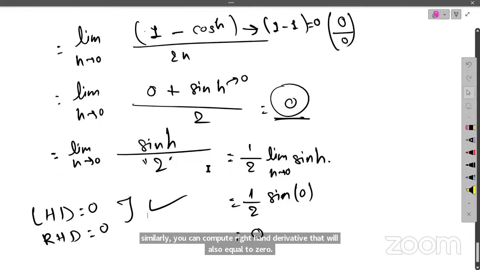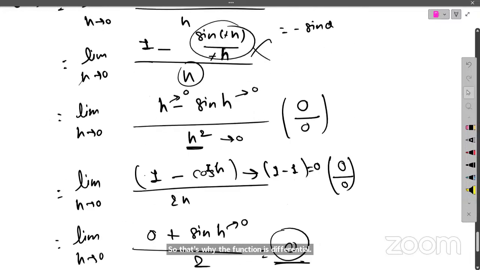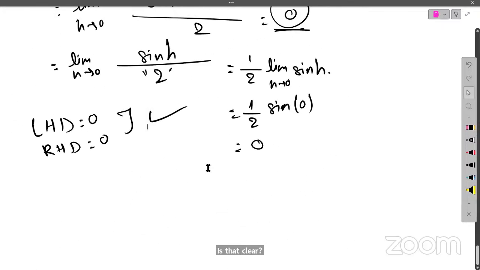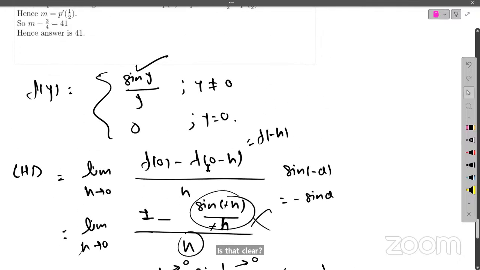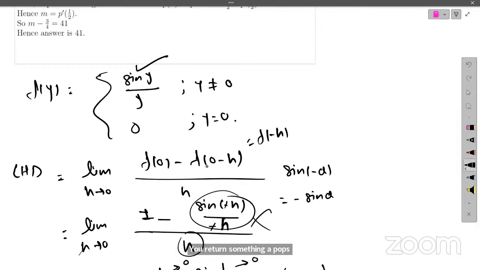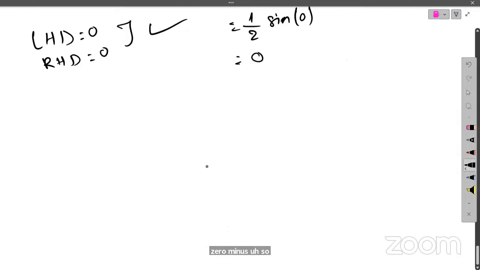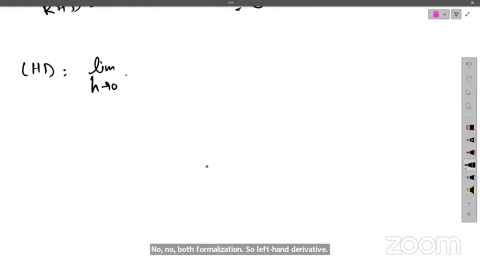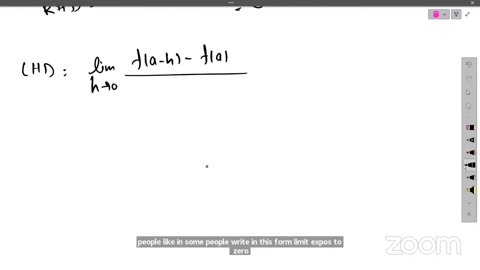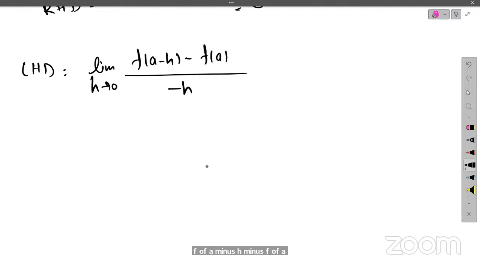Is that clear? Yeah. So the thing is, the formula is f of a plus or minus h minus f of a, right? You have written f of 0 minus, so the formulas are written vice versa. No, both formulas are the same. Some people write the left hand derivative in this form: limit h goes to 0 of f of a minus h minus f of a upon minus h, they will take minus h.